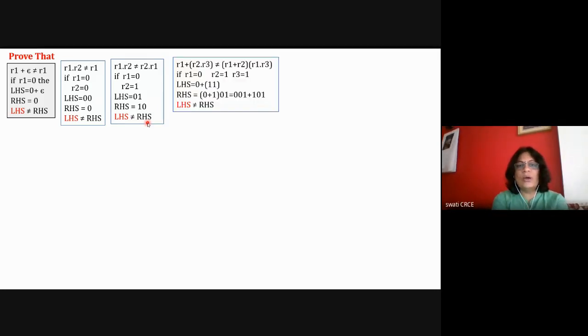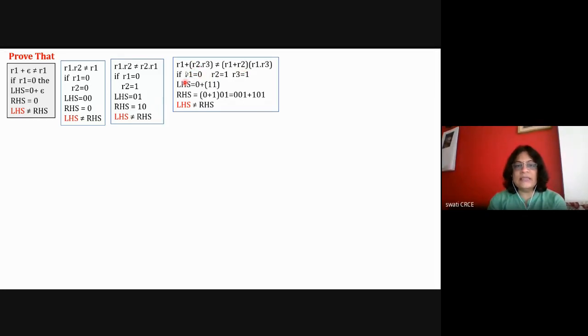Okay, so now the problem is a bit tougher. Now I say that R1 plus R2 dot R3 is not equal to R1 plus R2 dot R1 plus R3. Here also I'm using the same approach. I'm saying R1 is equal to 0, I'm assuming R2 is equal to 1 and R3 is equal to 1. So my variables I've taken as 0, 1 and 1.